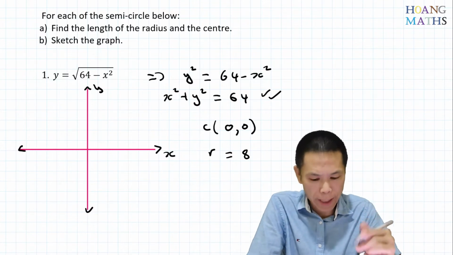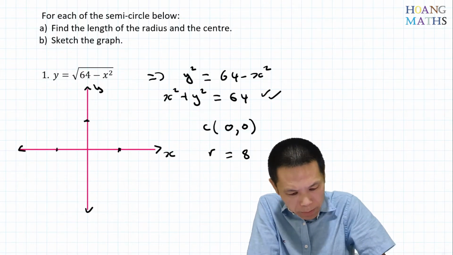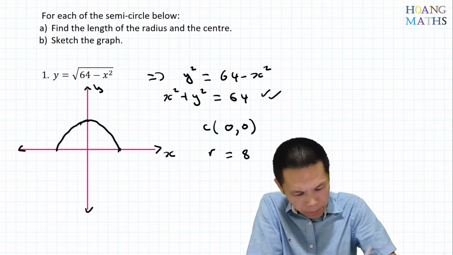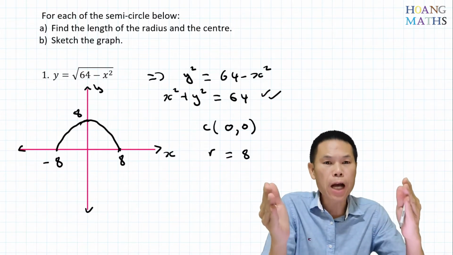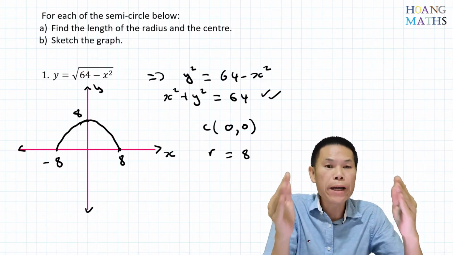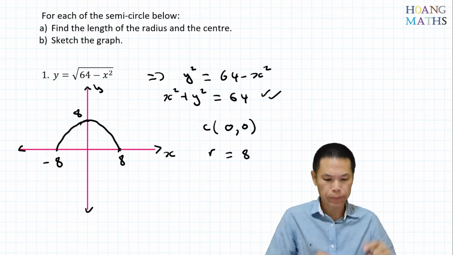So don't forget, okay? I quickly draw it and note on this and this. This is 8, negative 8, and 8. There you go. So this is y is equal to the square root of 64 minus x squared.